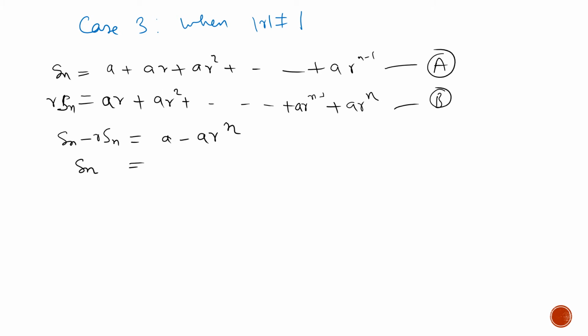This implies that Sn is equal to a(1 minus r to the power n) upon (1 minus r) when r is not equal to 1.